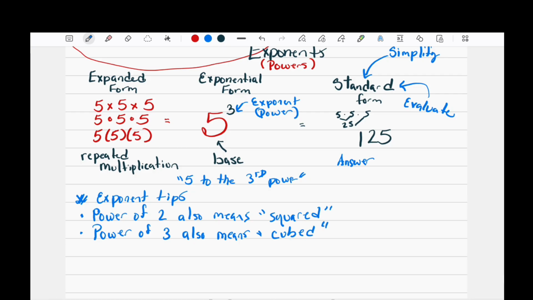And last tip. No power. If you have a number and you don't see a power at all, what does no power mean? Let me ask you this way. What's this?